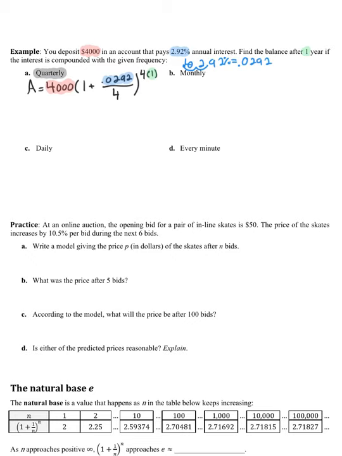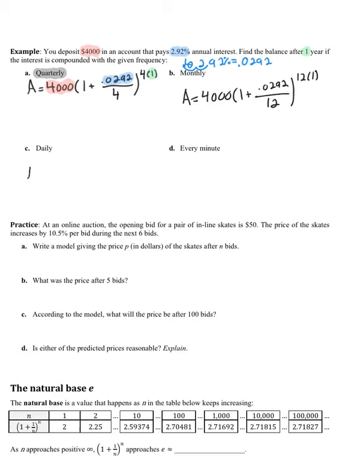And what we're going to do is calculate this interest rate for each of these scenarios. Except on this one, we're compounding monthly. How many months in a year? 12 months in a year. And this time it's 12 times 1, so it'll just be 12 as the exponent.